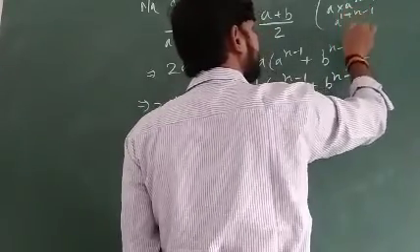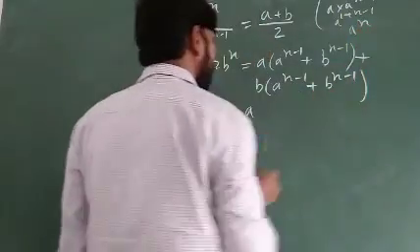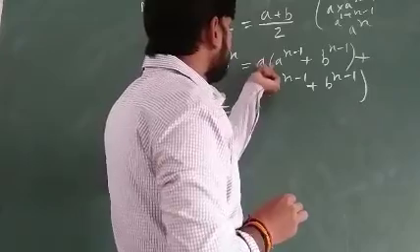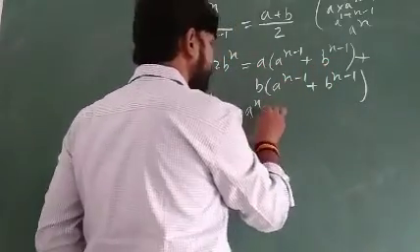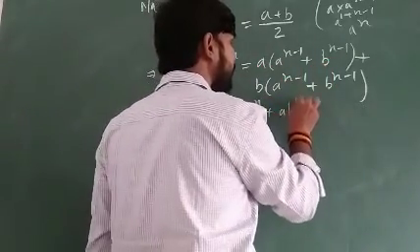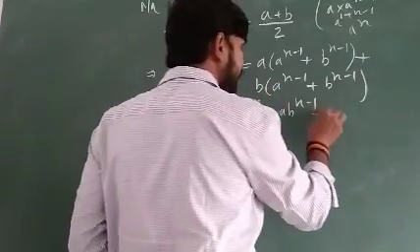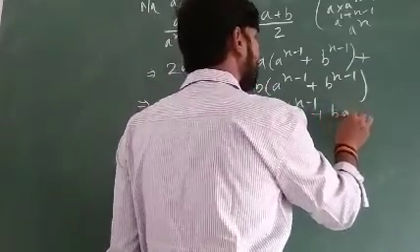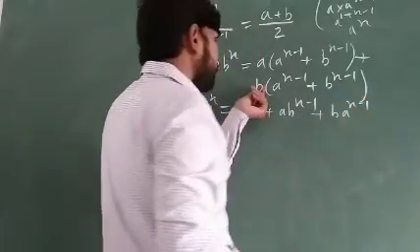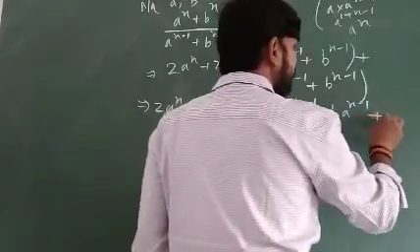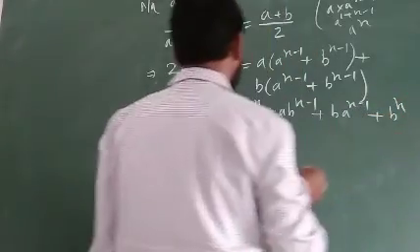Minus 1 plus 1 cancel out, and this becomes A power n. Now A multiplied with this term gives the same, A into B power n minus 1. And B multiplied with this term gives B into A power n minus 1.